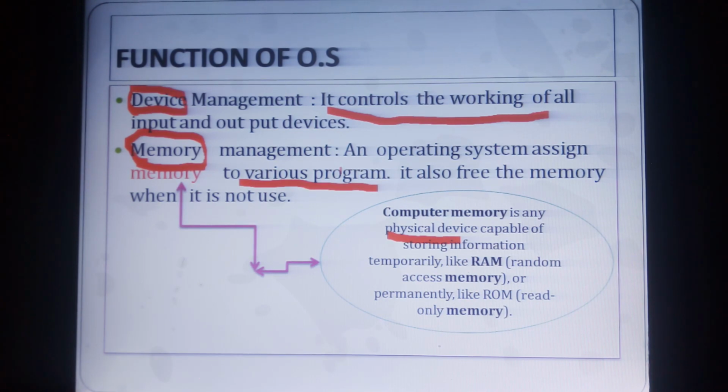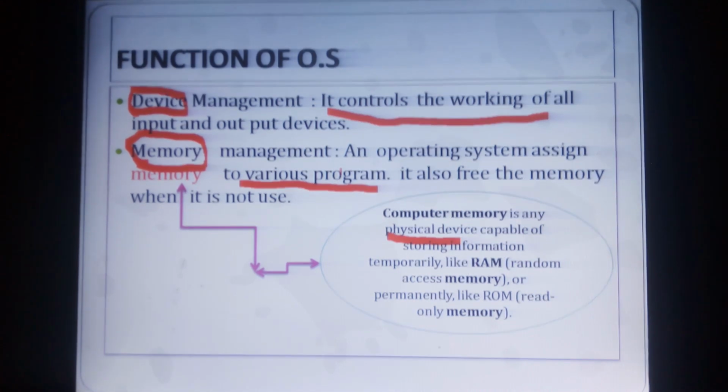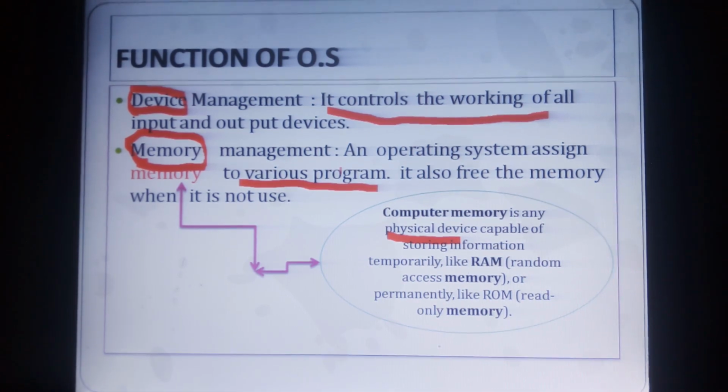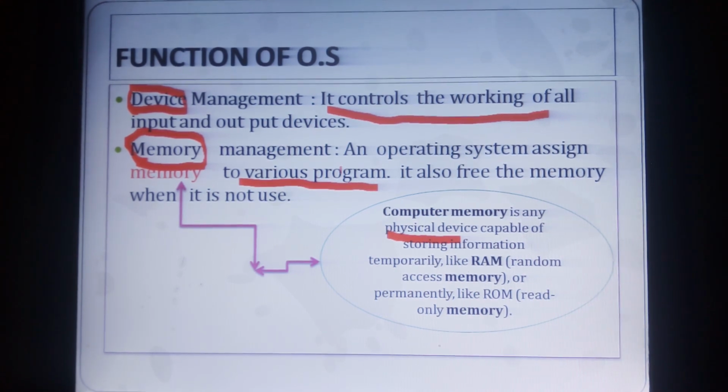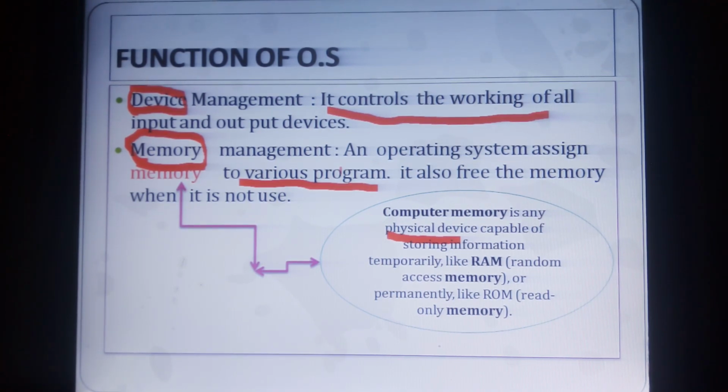Whenever I am opening MS Paint, or MS Word and writing something in it, that is one particular application. MS Paint is a different application. Microsoft Office Word is a different application. So whenever I launch or open these applications, this is one program. That program is firstly assigned in memory.